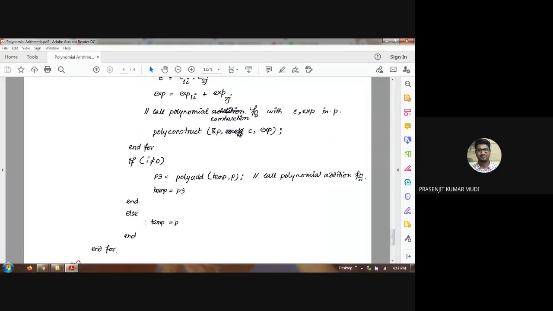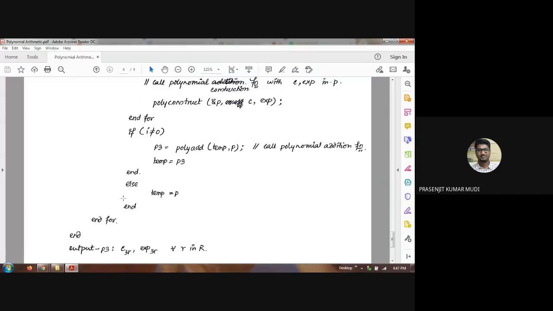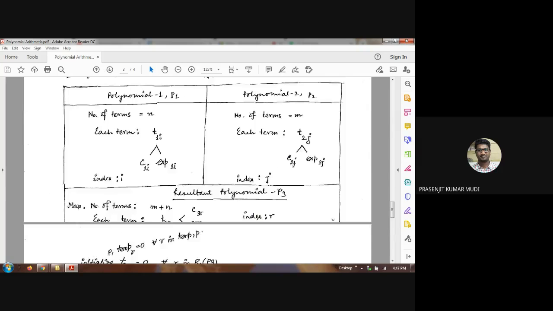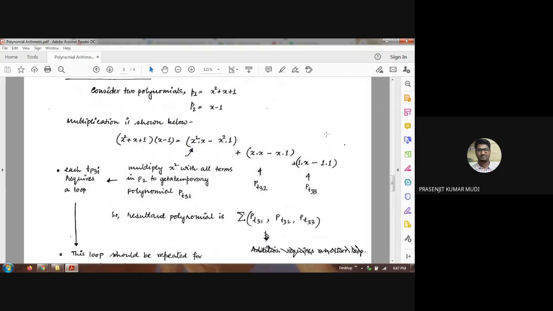Next, end. This else will never be active because I is no longer 0. Now what is happening? Next iteration of the outer for loop, when I becomes equal to 2, that corresponds to computation of this temporary polynomial for this example.